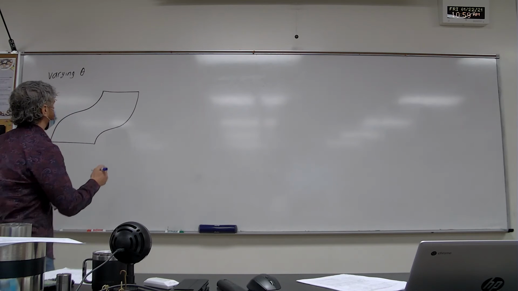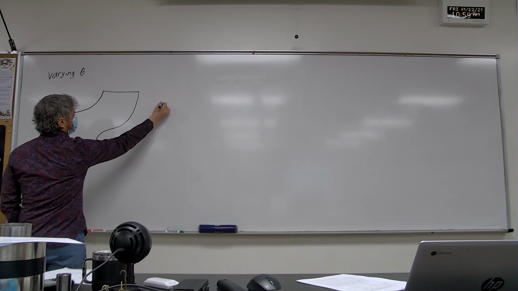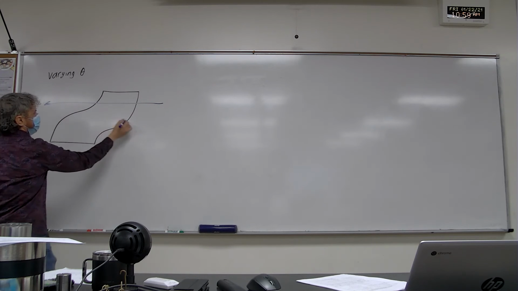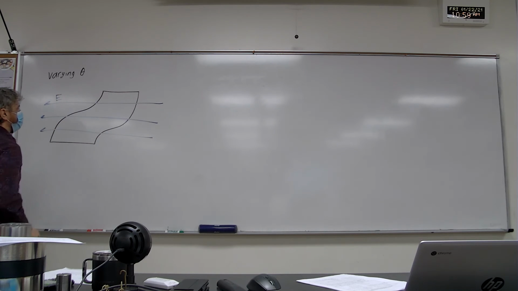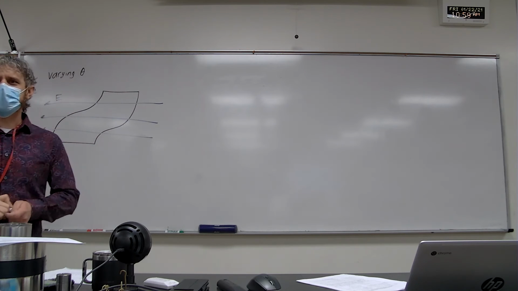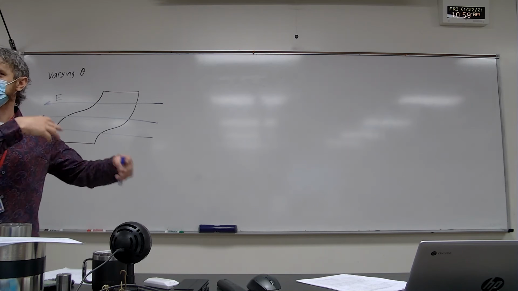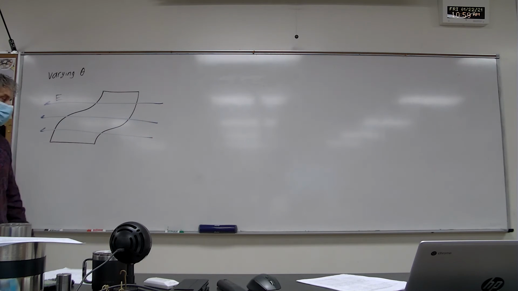The electric field, let's say the electric field lines are all horizontal. I'm just going to draw them through so it takes less time. But these electric field lines are passing through the surface. Okay. But there is not one area vector that covers the entire area, right? It doesn't work like that.